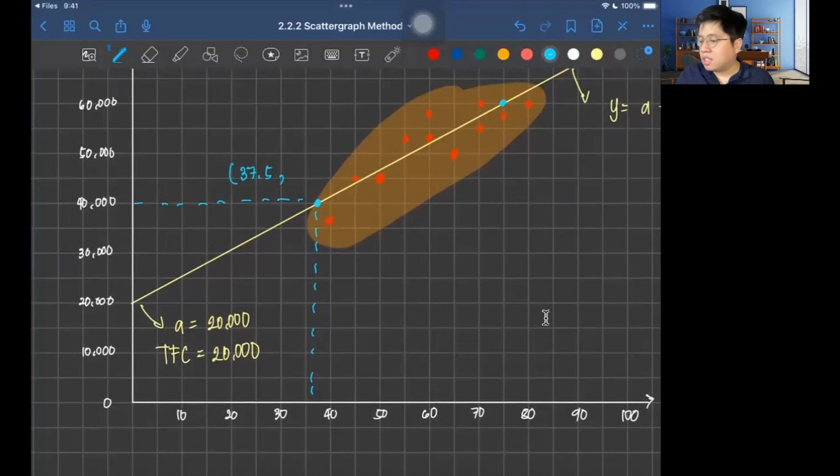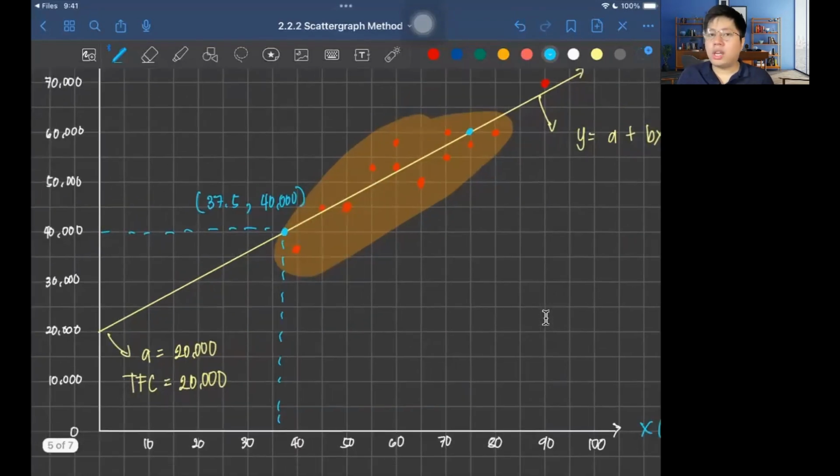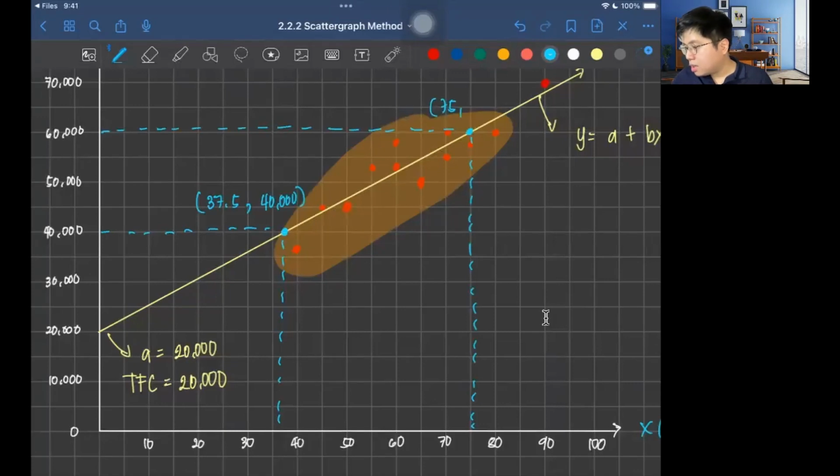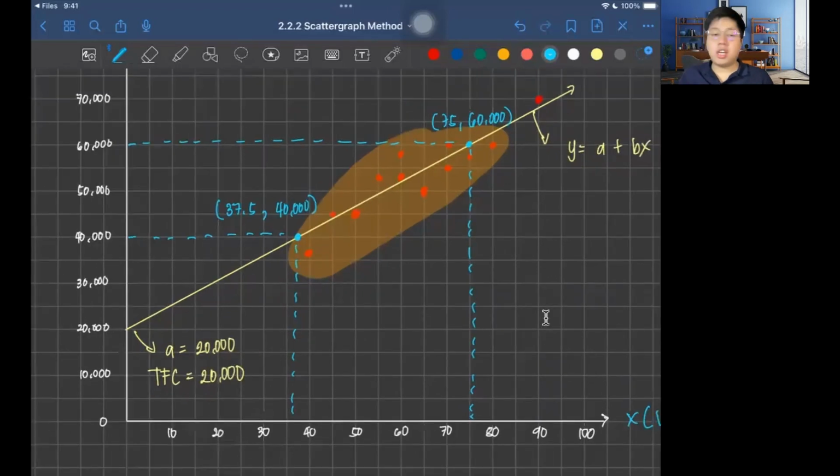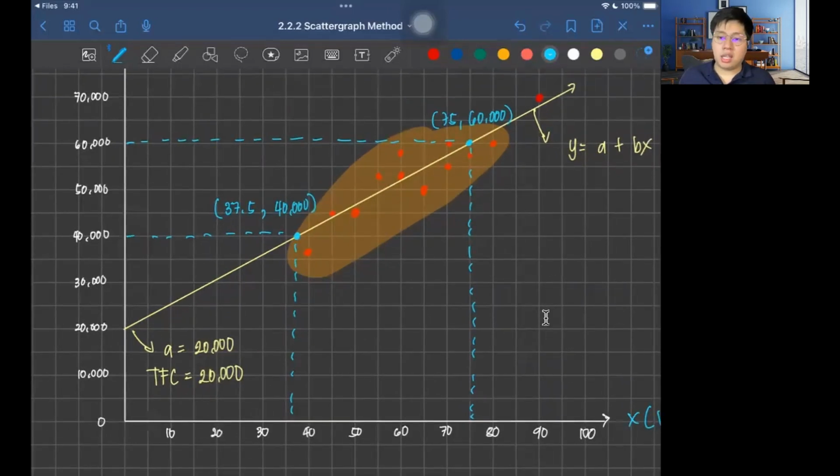Then the y-axis is 40,000. Then let's try to locate the coordinates for the highest point. The coordinates of the highest point here is 75 and 60,000 pesos. So this will be our change in y and change in x.